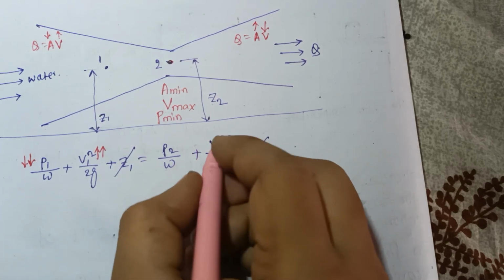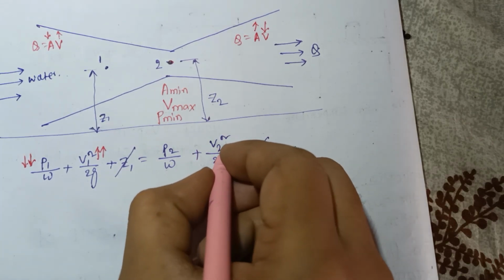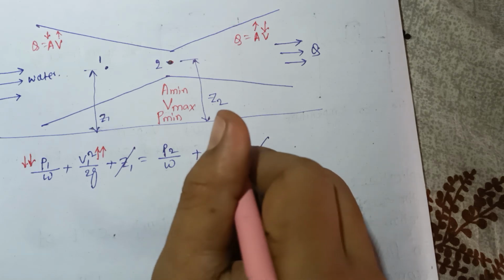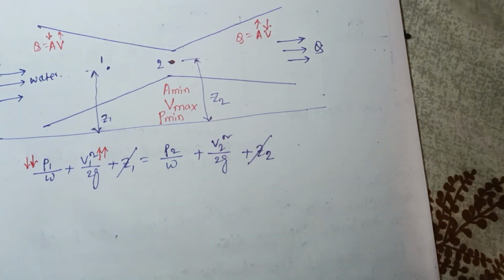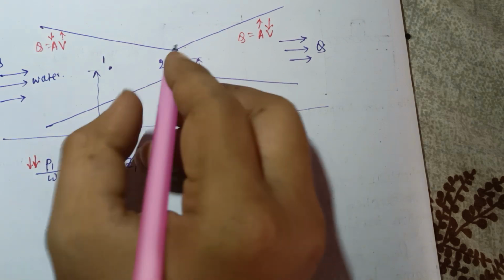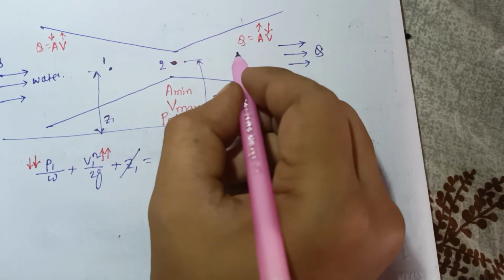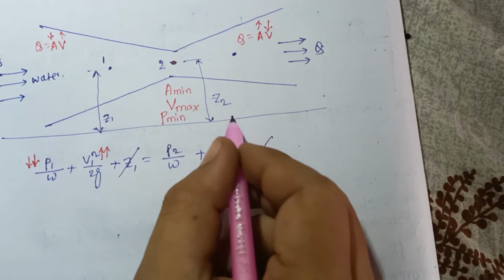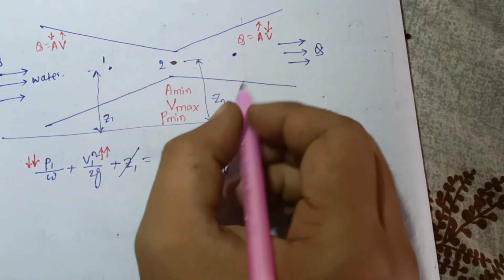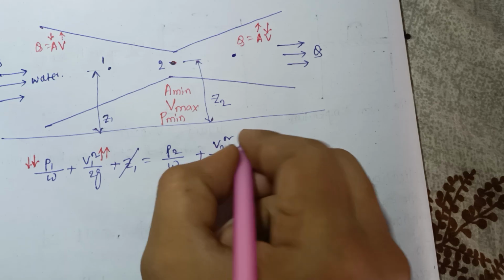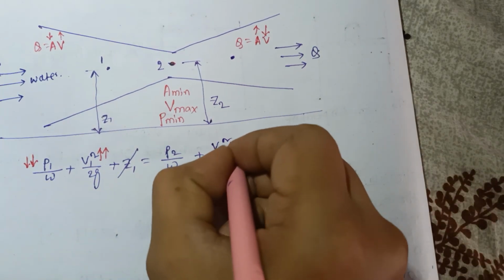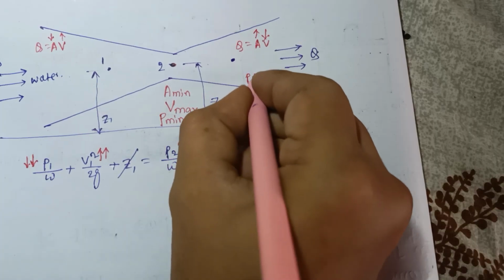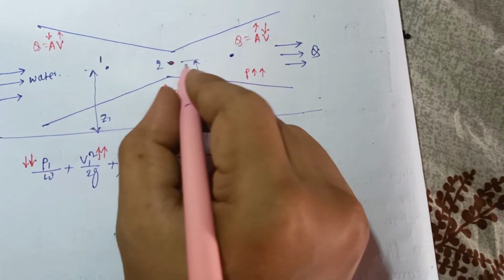In that region, suppose this is another point. If the velocity decreases, then the pressure will increase at that point.